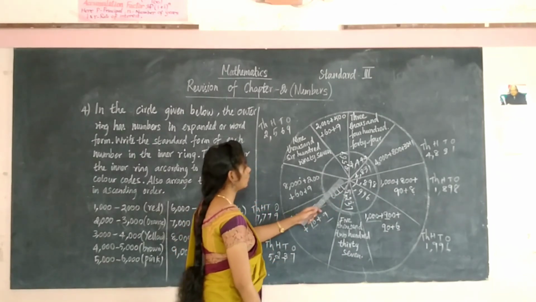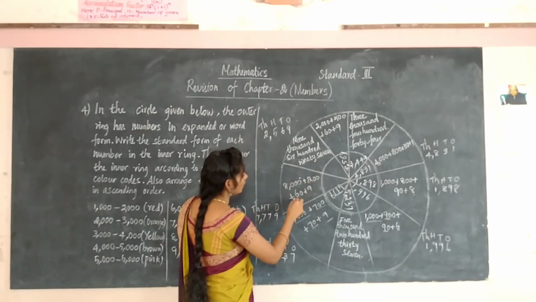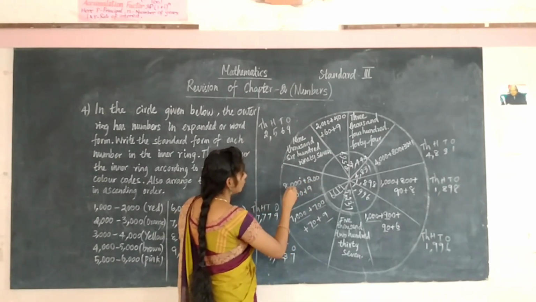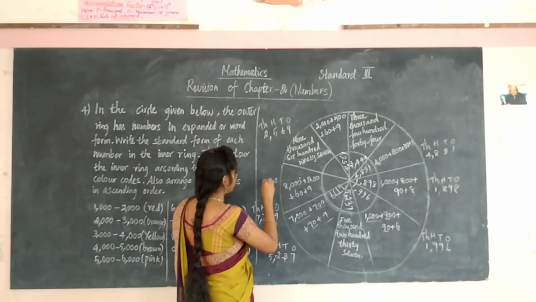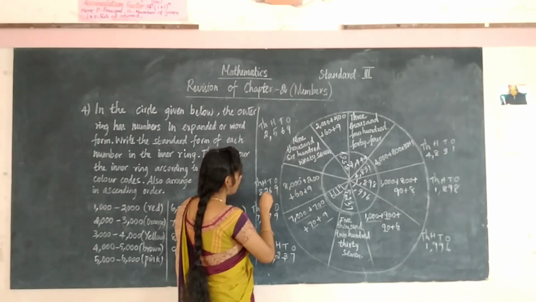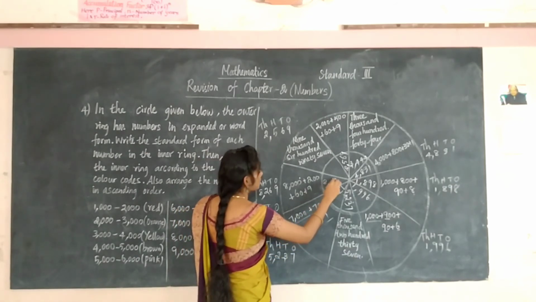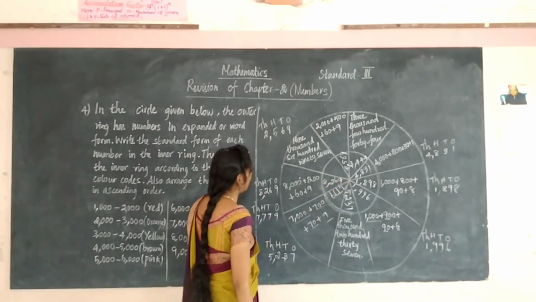This is the answer. Likewise, you have to fill these two. 8,000 plus 200 plus 60 plus 9. You know the place values ones, tens, hundreds and thousands. Write the numbers 9, 6, 2 and 8. Give commas between hundreds and thousands. Write the answer as 8,269.